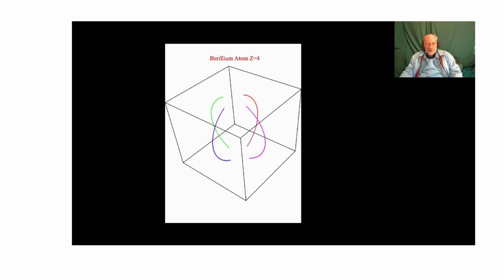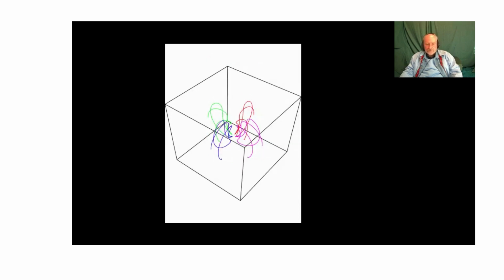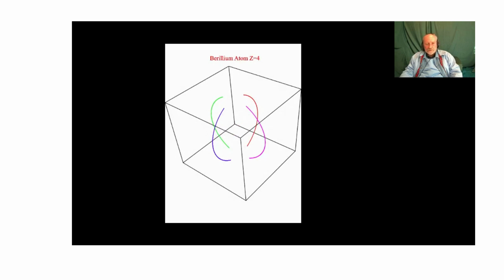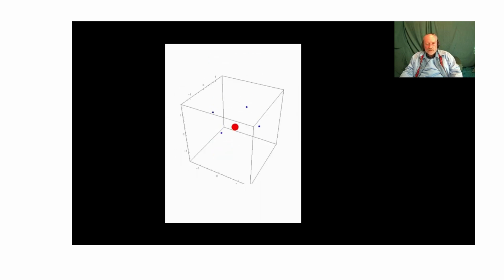This is for the beryllium atom, for example, or this can be a quantum dot doped with an effective charge, so the Coulomb potential can be fractional. This is the movie which explains all the previous.